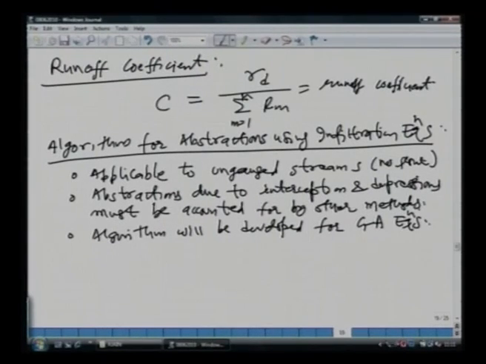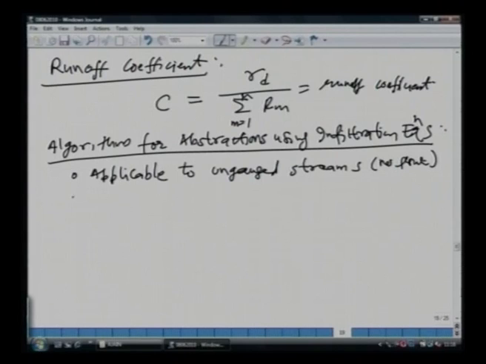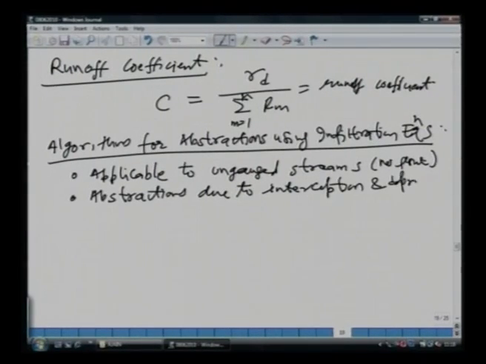As it says, we will develop the algorithm using the infiltration equations.